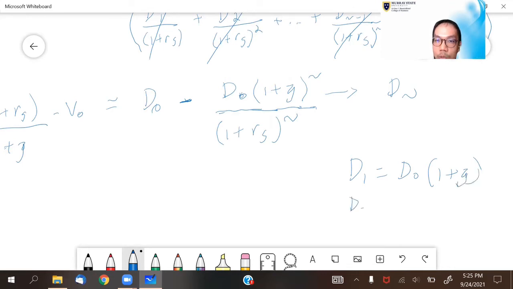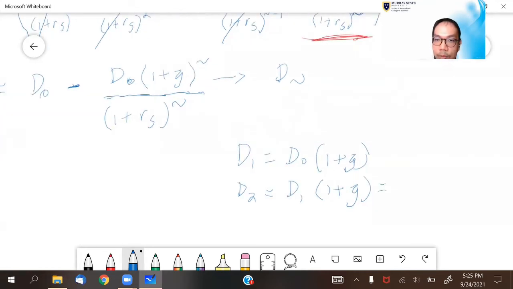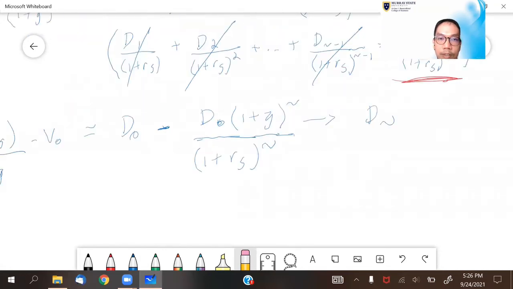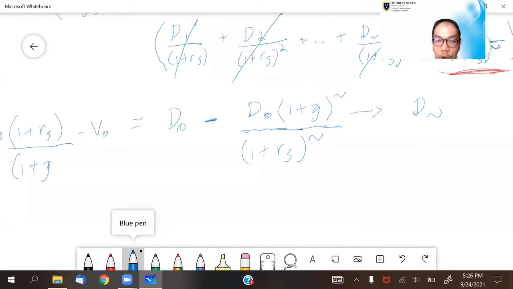okay? D2 would be D1 that grows, or if the growth rate is constant forever, right, we can write it this way. So D0 that grows twice, right? Okay, so dividend at the time of infinity would be dividend 0 that grows and compounded, or to the power of infinity.